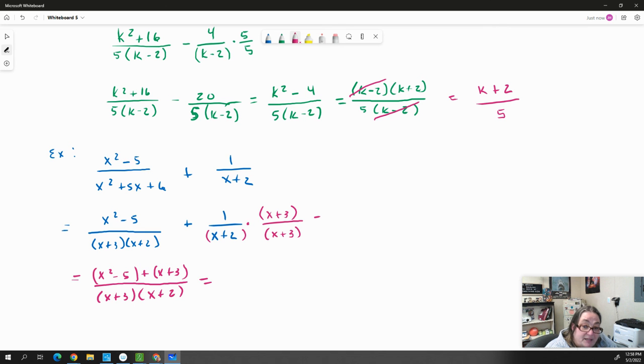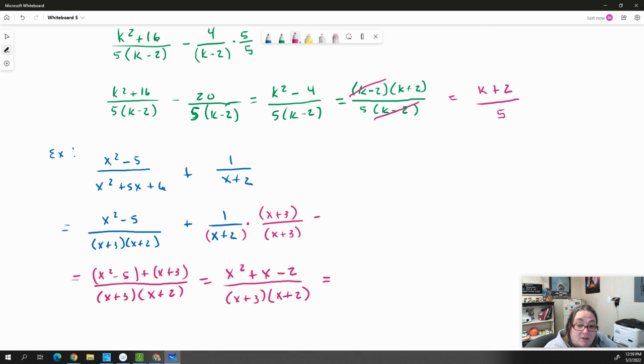Well, these are being added, so I can combine any like terms, and I'd wind up with x squared. I don't have another x, so it would be plus x. Minus 5 plus 3 is minus 2 over x plus 3, x plus 2.